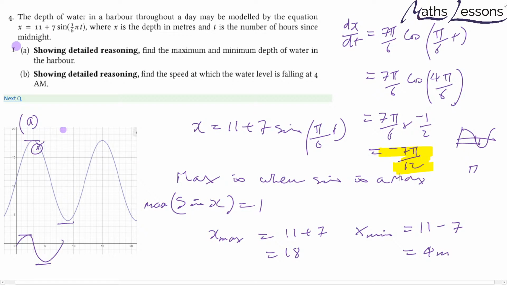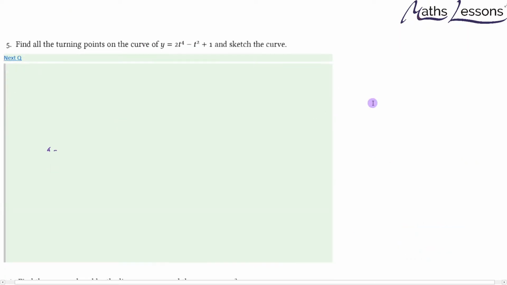Right, next question. Find all the turning points of the curve y equals 2t to the 4 minus t squared plus 1 and sketch the curve.